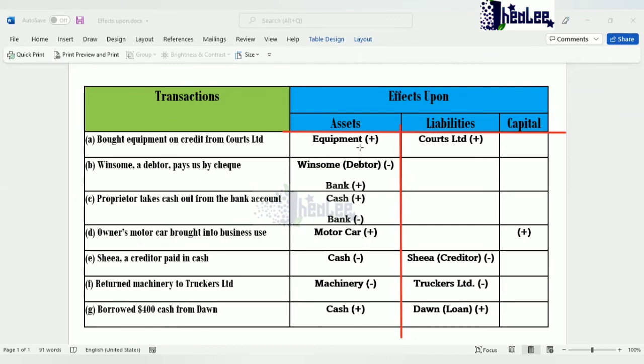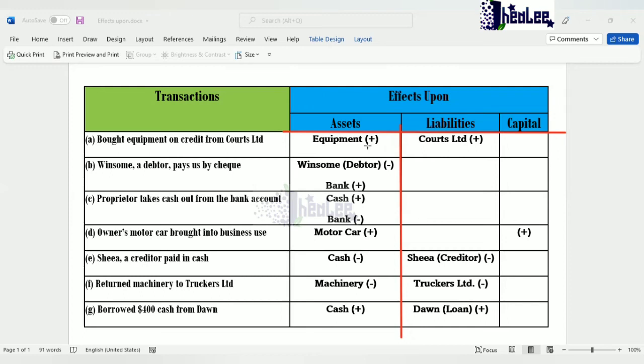When there is an asset that is affected and the liability affected, both items must be either increasing or decreasing. So we have more than two cases where assets and liabilities were affected by a transaction.